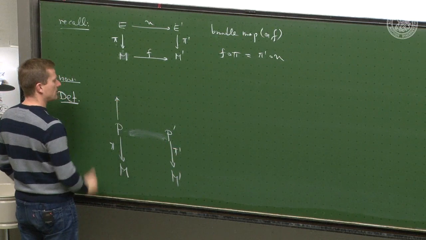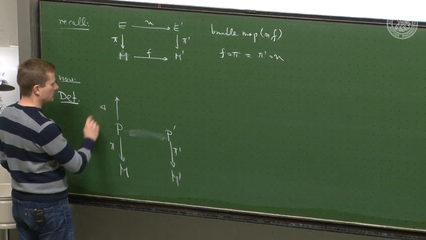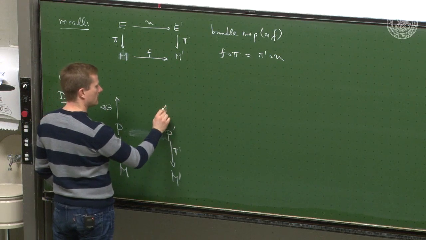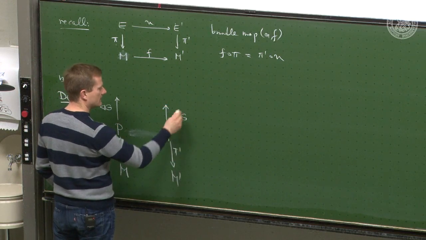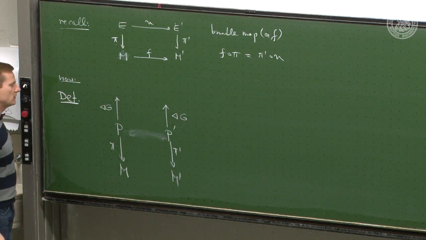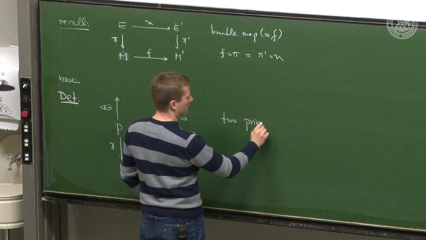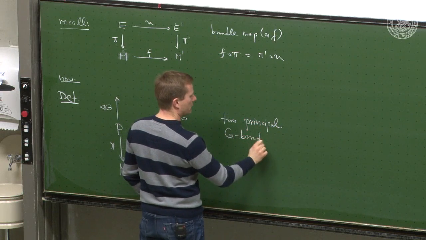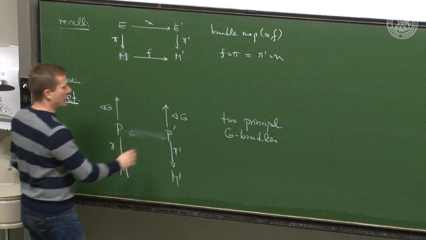Then we also have the action of a group, the right action of a group on this bundle here. And on this bundle, we have the right action of a group. Let's say there are two principal G bundles, meaning principal bundles with respect to the same group, but otherwise they're different.